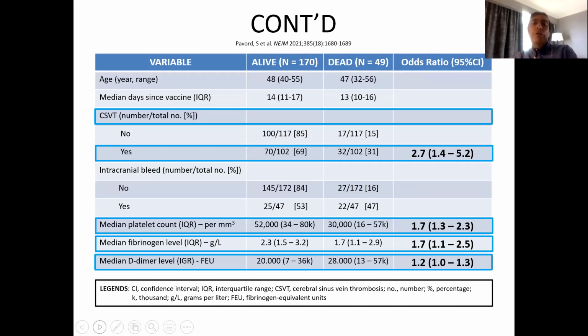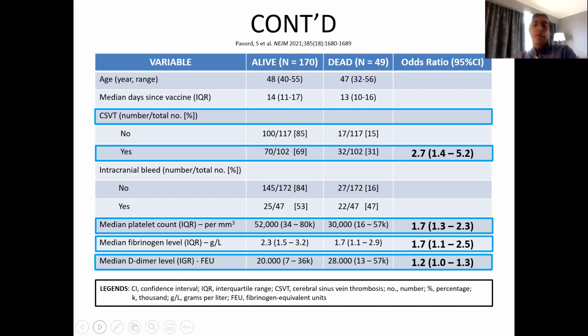If we look at univariable analysis to differentiate those two categories, again, alive versus death as clinical outcomes, there was an increased odds of individuals with CSVT to unfortunately have the outcome of death of 2.7, with the 95% confidence intervals portrayed.